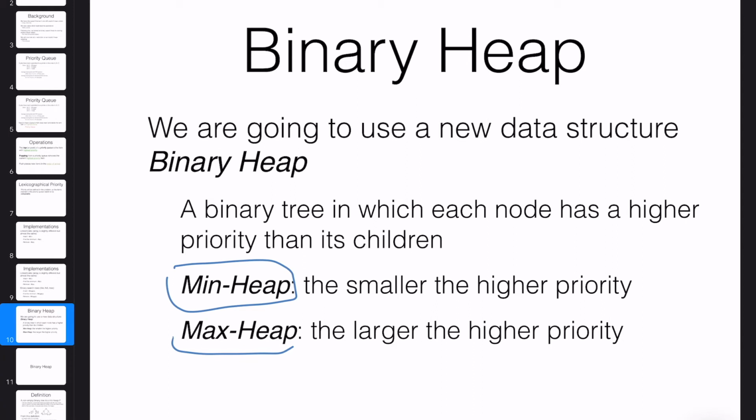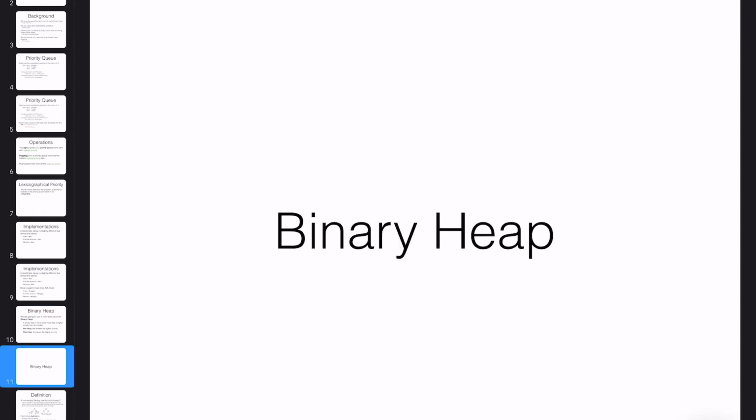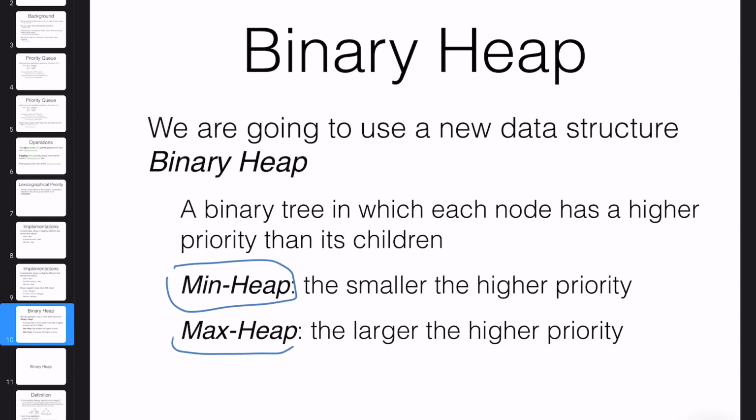Okay, so what is a binary heap? All of the definitions that I'm going to give here are going to be for the min-heap. But you can just reverse the definition and it will be the max-heap. So there is no difference between max-heap and min-heap. The only difference is that you give the priority to the smaller items or to the larger items.